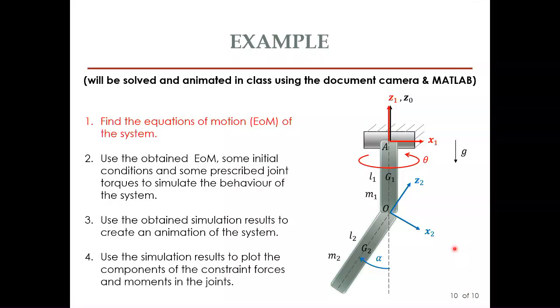But the important thing here, this is tau 1. This is the Z component. And remember, your link 1 is connected to the ground, or to link 0, let's say this is link 0, through a revolute joint that rotates about the Z1 direction.